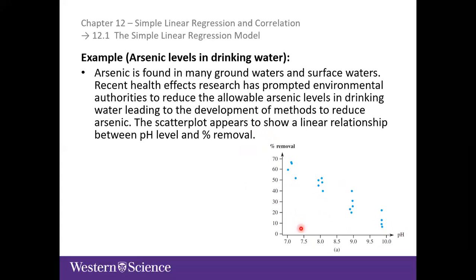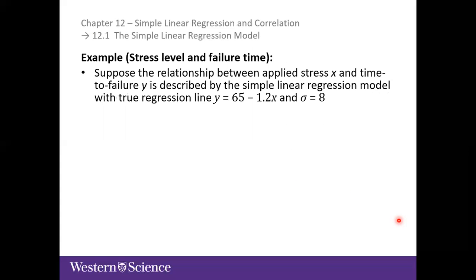As the pH increases, the percent of removal of the arsenic would be smaller and smaller. Such a relationship might be detected by first plotting the data. And then once you detect this relation, we can start to fit a linear line to this data set.